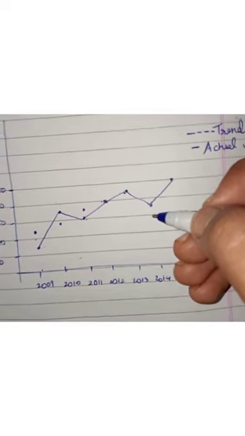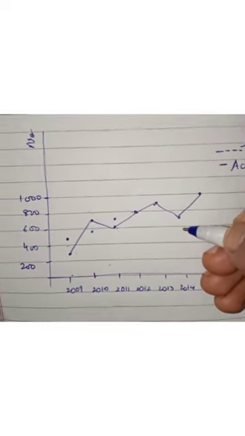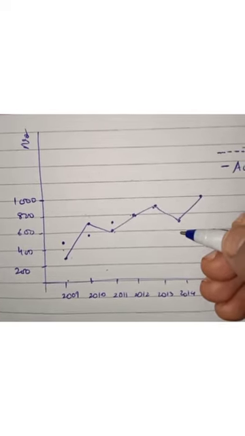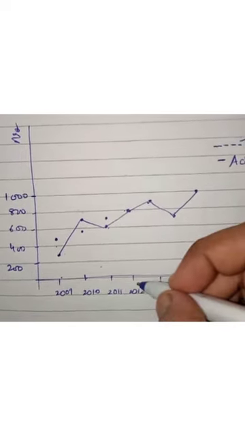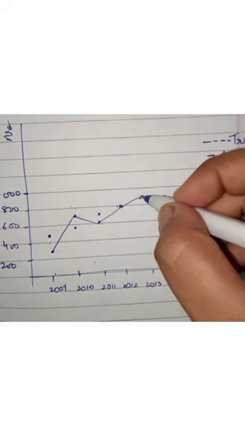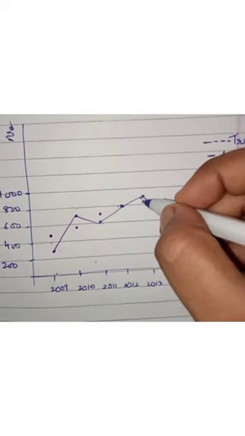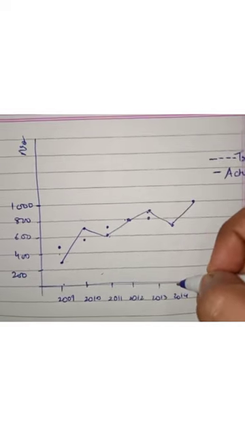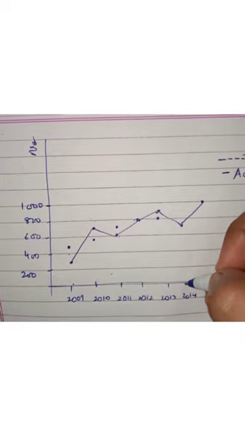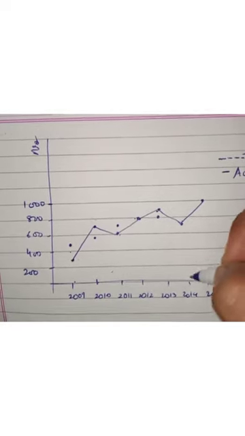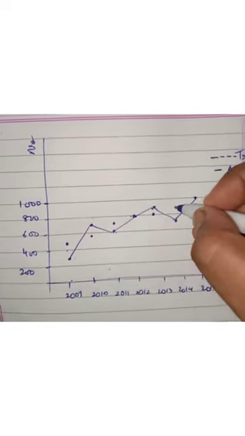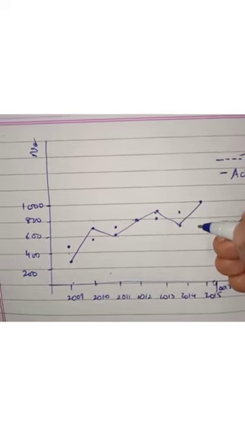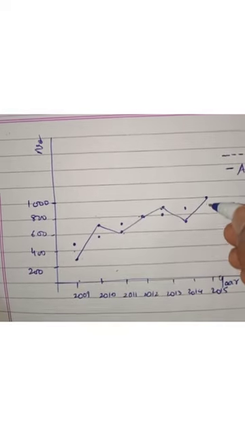Then we have 2013 as 800, 2014 as 886, and lastly 2015 as 971.